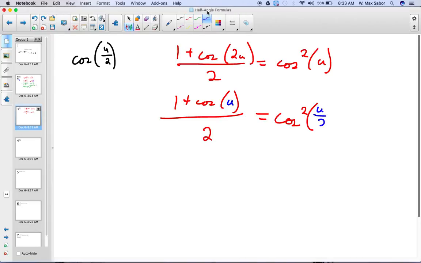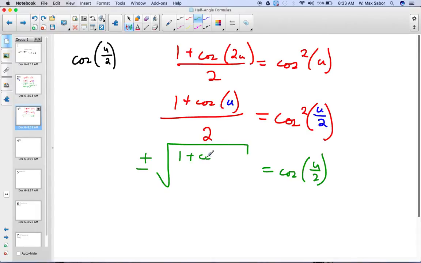And then we'll have cosine squared of u over 2 equals that. Solve for cosine, and we get plus or minus the square root of 1 plus cosine of u all over 2. And that's going to be our answer. And once again, it's going to depend on the sign of the value.